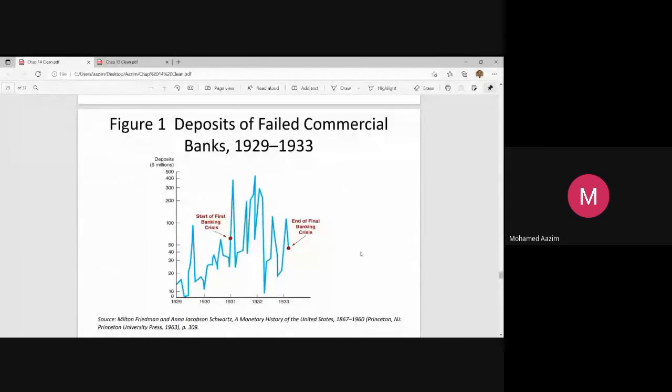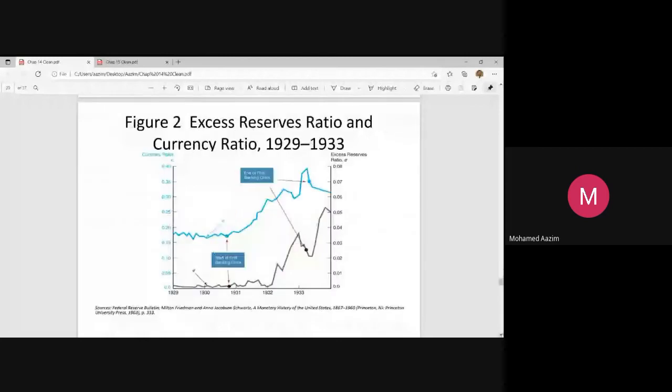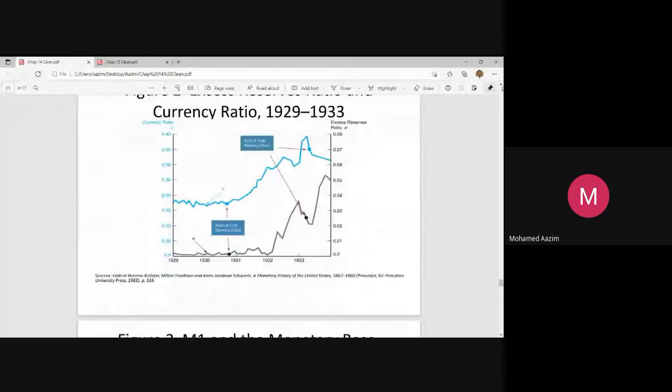Let's see the bank failures, and the deposits of failed banks during that period. See, it's increasing, still prevalent, but generally decreasing again after the latter part of 1931, right? So you can reflect here on what happened to excess reserves and currency ratios.